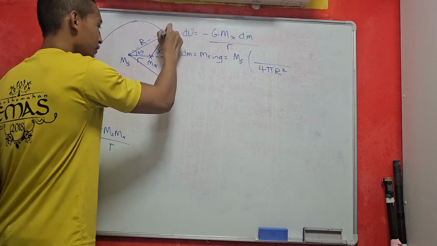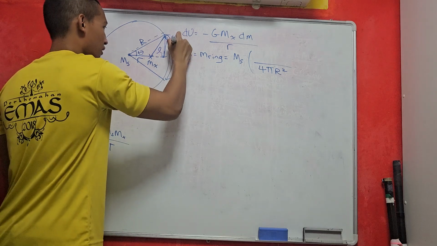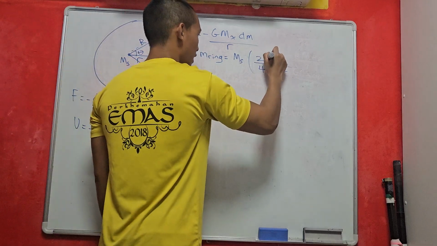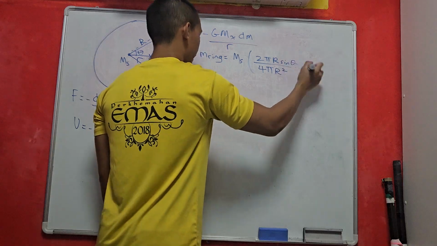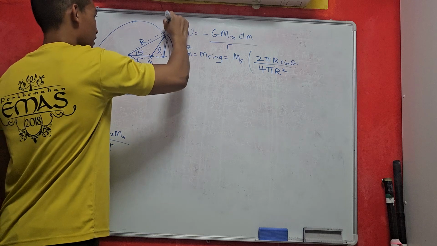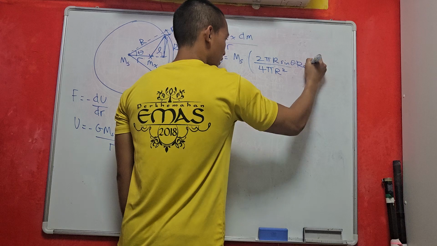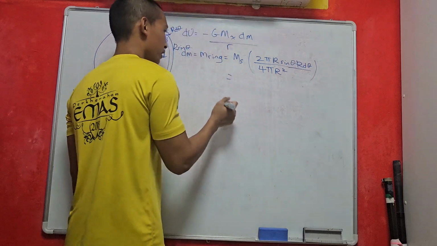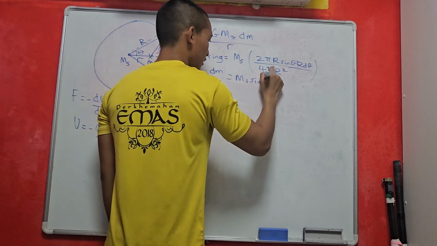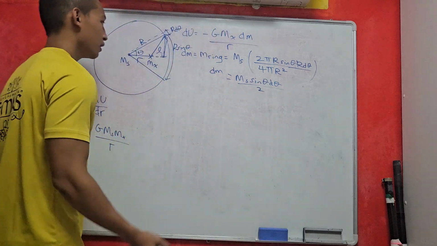In this case, the radius of this ring is actually R sine theta. So 2 pi R sine theta, and the thickness, which is just the infinitesimal arc length, is R d theta. If I were to simplify this, I'll get dm to be equal to Ms sine theta d theta over 2.